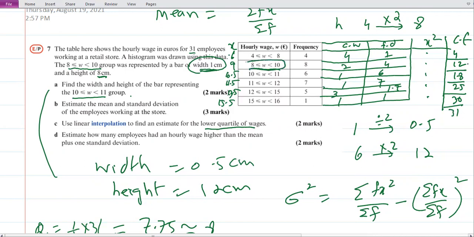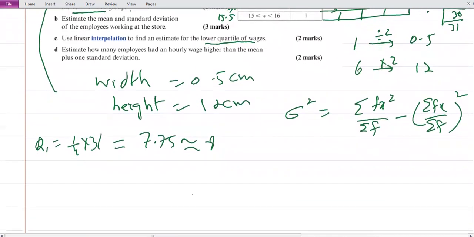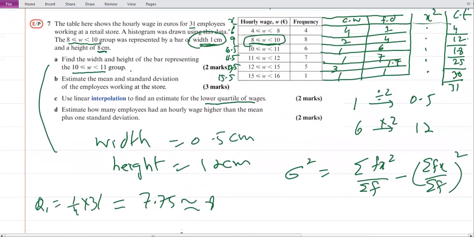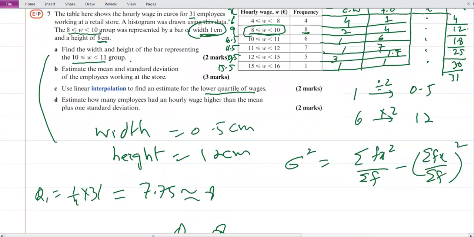If this is your Q1 class, how do we find Q1? By using interpolation. Q1 minus the lower boundary of that class, over the class width of this class.